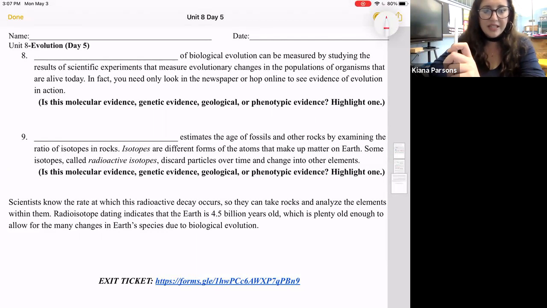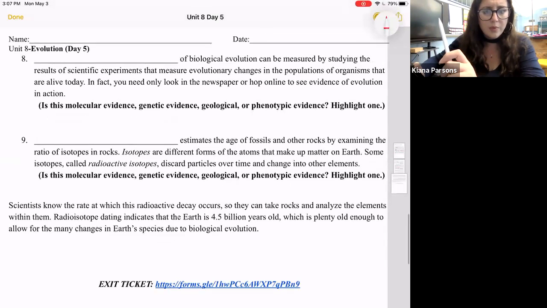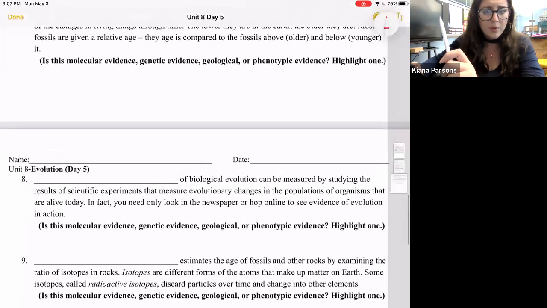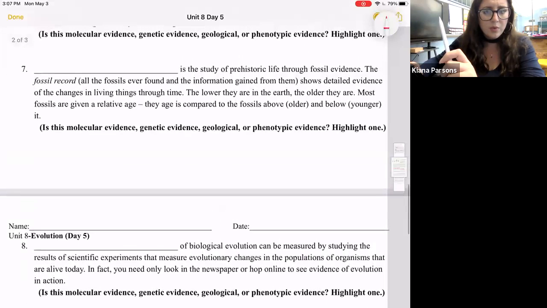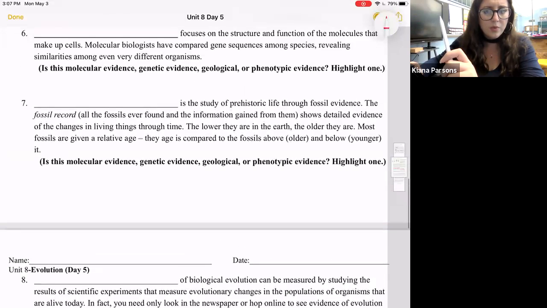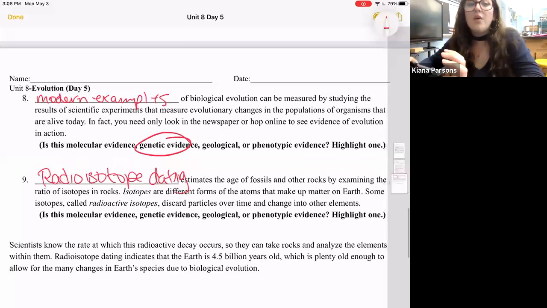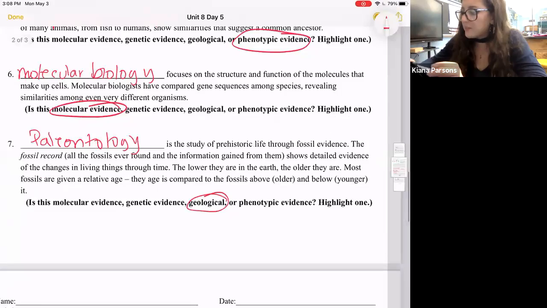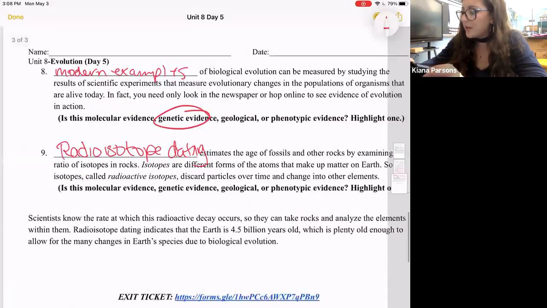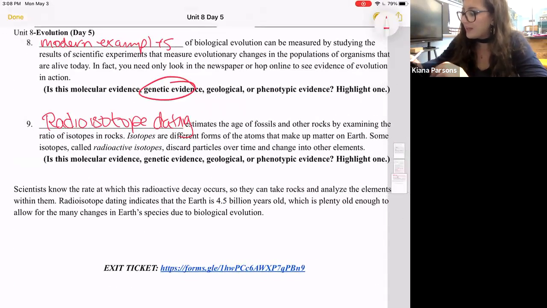I already went through all of these. All right, so these are the blanks: molecular biology, paleontology, modern examples, radioisotope dating.